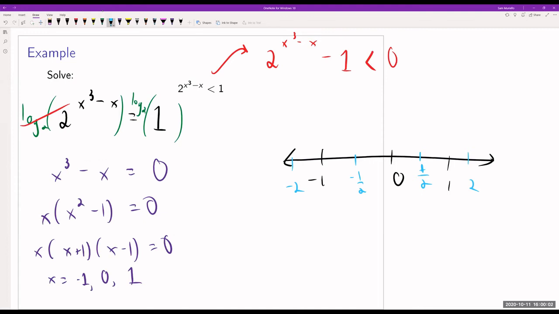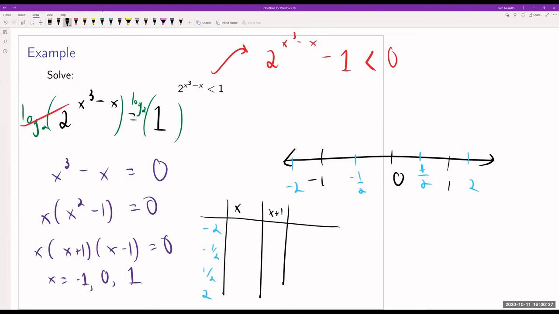So if I plug each of these into just the exponent for the moment, we're going to make our table like always. -2, -1/2, 1/2, and 2. First, I'm just going to focus on the pieces in the exponent. We've got an x plus 1, an x minus 1, and then the entire exponent, which will be composed of this.